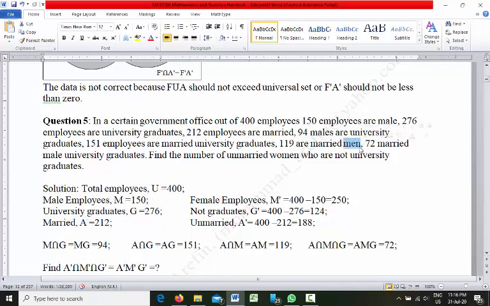Men means male, and male is M. So AM, or A intersection M, is 119.